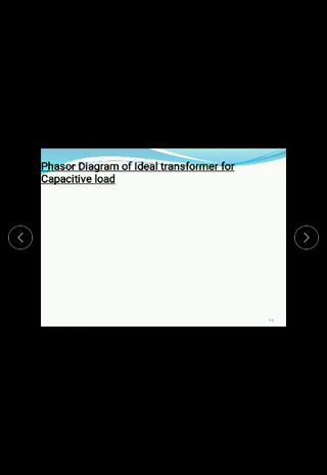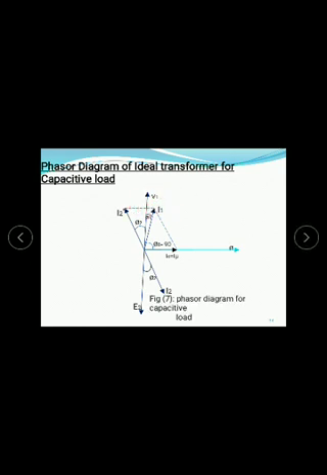And the next one is the phasor diagram for capacitive load. Here the current I2 is leading with respect to E2. When I2 is projected in this way, it is I2 dash, and the combination of I2 dash and I0 gives I1.